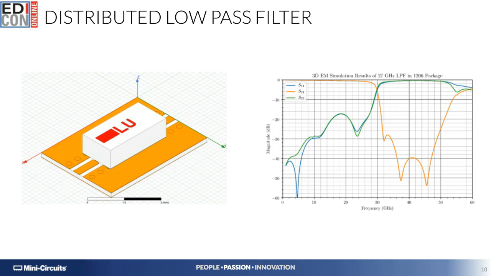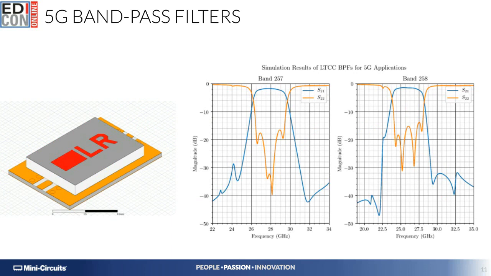Another example of a realization of filters well into the millimeter waves is this couple of 5G-oriented bandpass filters. These are two filters that have already been designed and sent out for fabrication, targeting specifically bands 257, 258 of the upcoming 5G application standard.